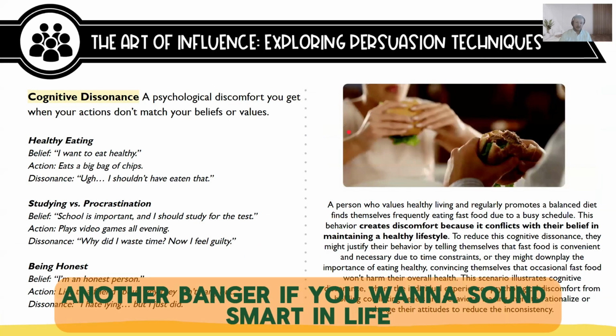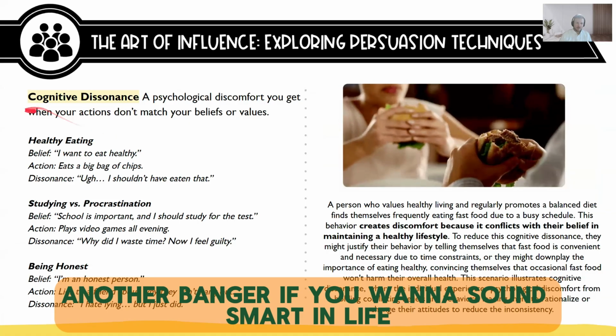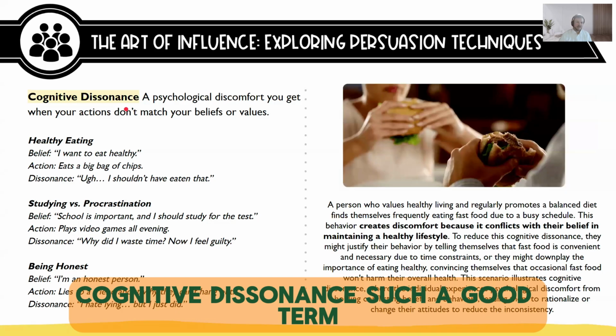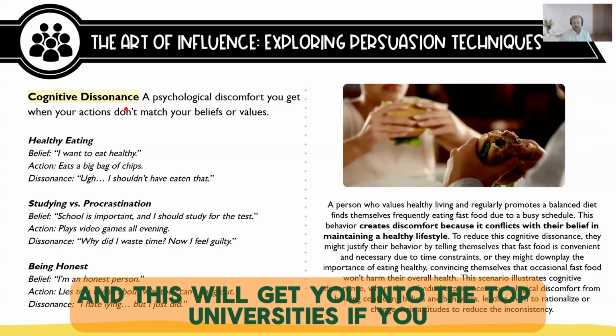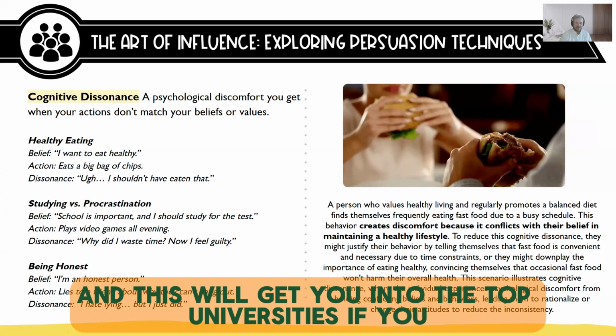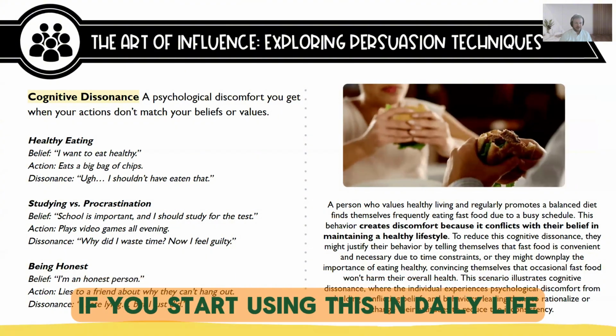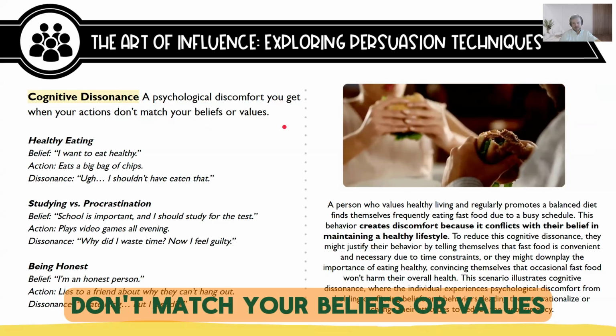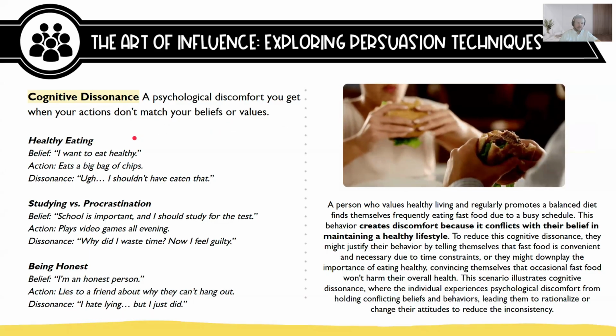And finally, another banger. If you want to sound smart in life, you've got to start using this term every day. Cognitive dissonance. Such a good term, and this will get you into the top universities if you start using this in daily life. A psychological discomfort you get when your actions don't match your beliefs or values. It's called cognitive dissonance.